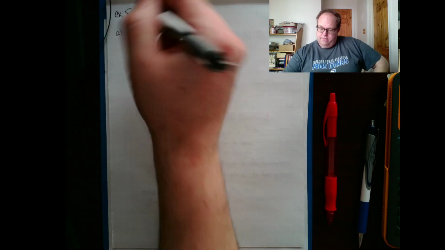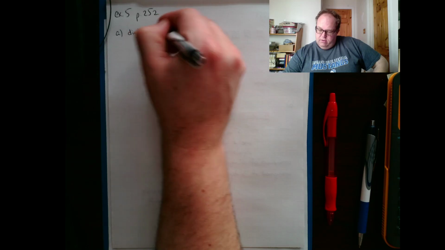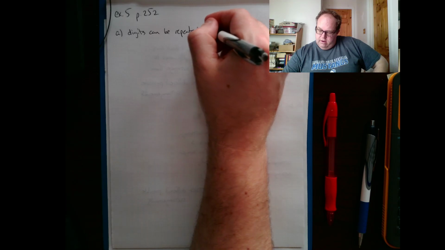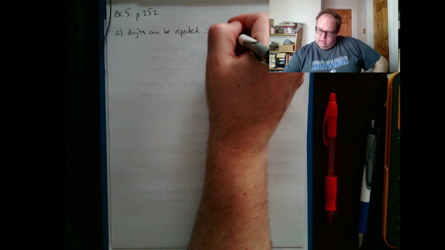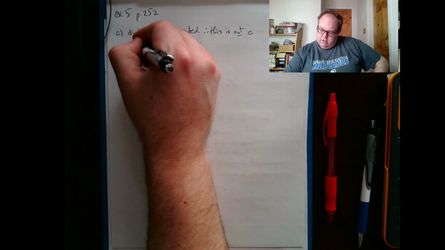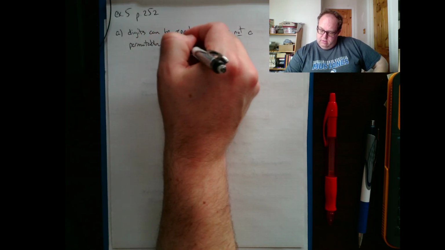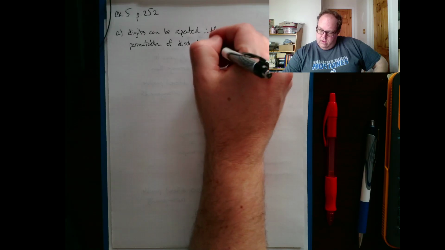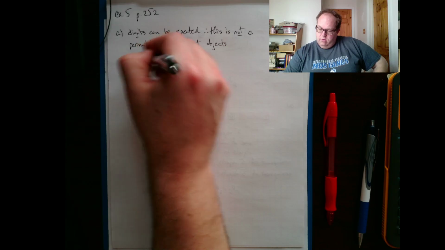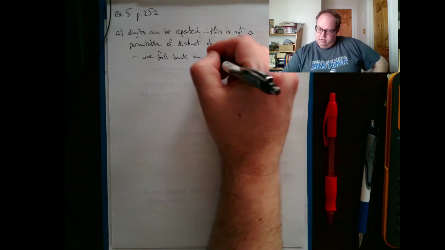So in A, digits can be repeated, therefore this is not a permutation question, at least not a permutation of distinct objects. We fall back on the fundamental counting principle.